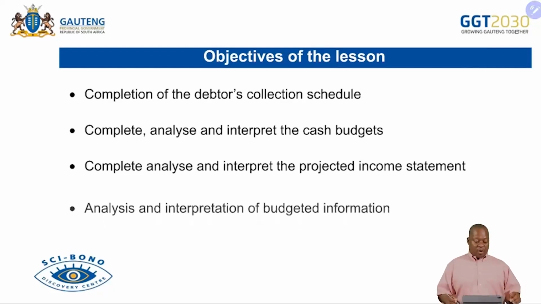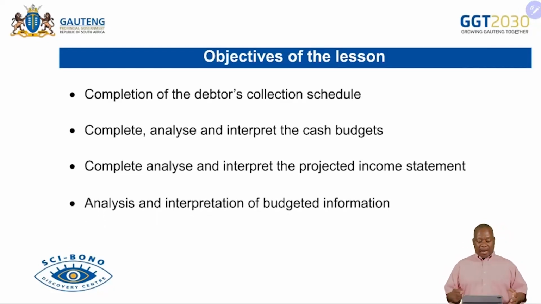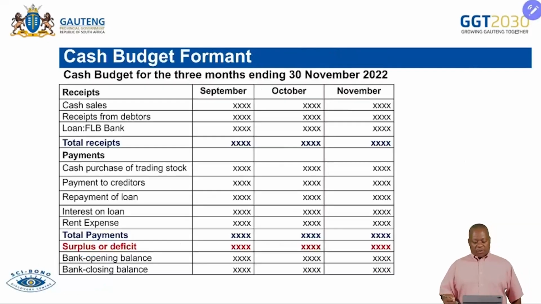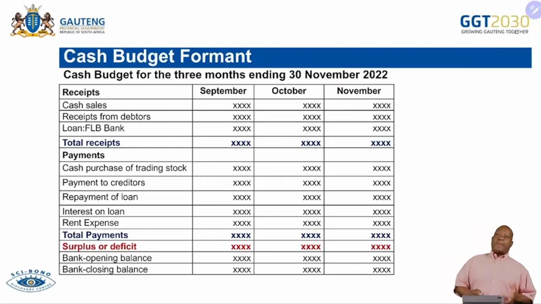And then we are going to look into questions that do a little bit of analysis and interpretation of budgeted information. Problem solving on budgeted figures is also going to be part of what we are going to look into today.